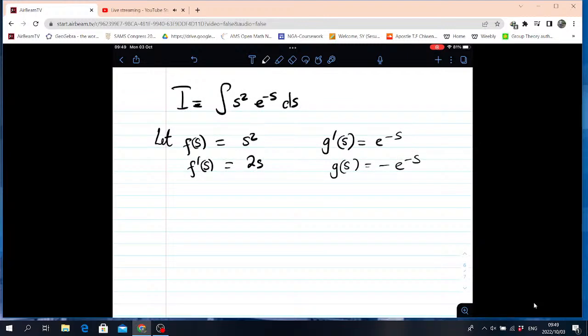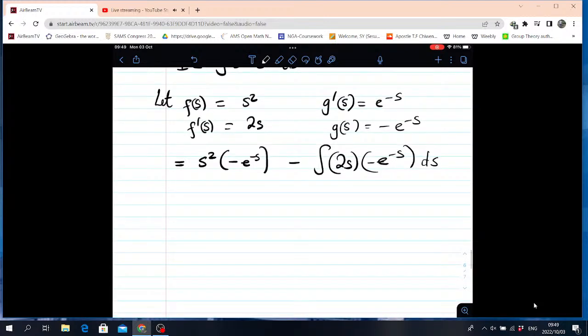Right, and then we use our integration by parts, so we get s squared times minus e to the minus s, minus the integral of 2s times minus e to the minus s ds, like that, right?